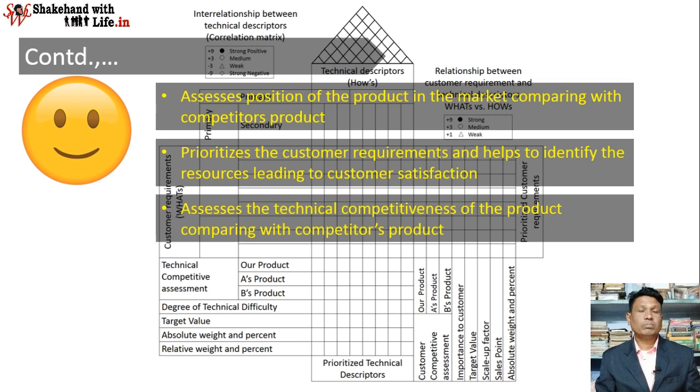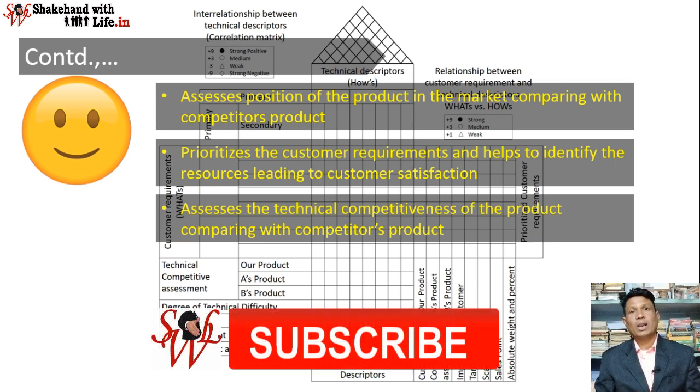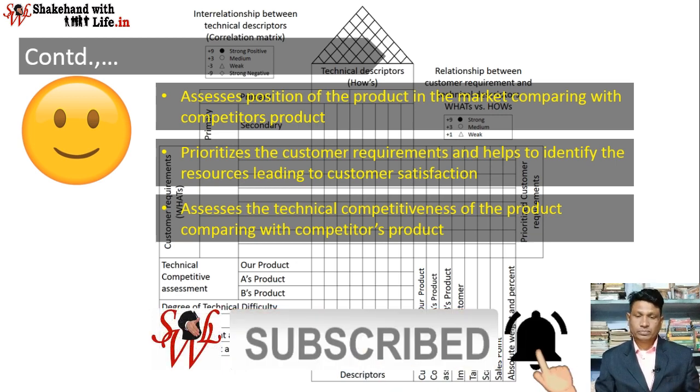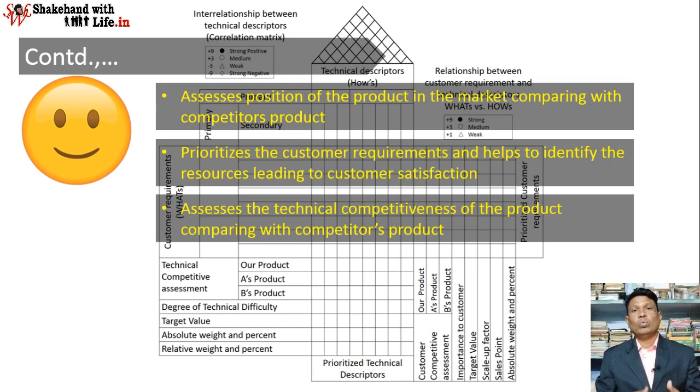For example, the skill level of the employees and the knowledge level of the employees, the process required to manufacture a product, the parts required to manufacture a product, and the time and the material. All kinds of resources are prioritized by the help of QFD so that we could achieve the customer satisfaction.